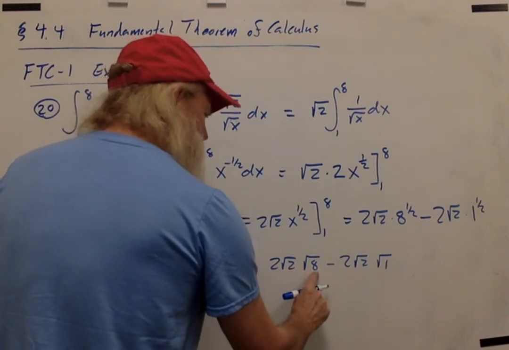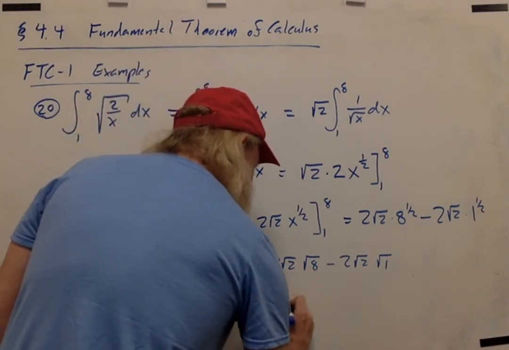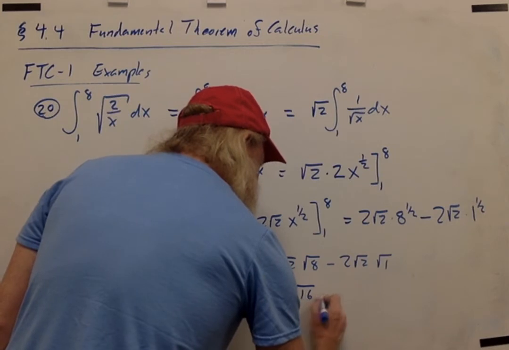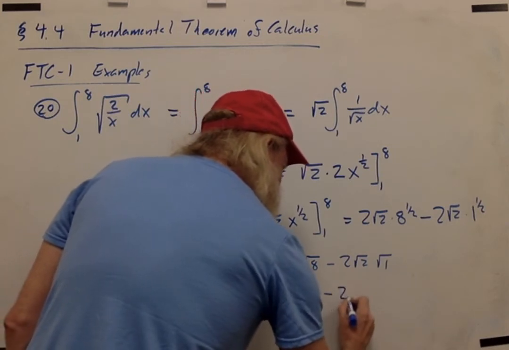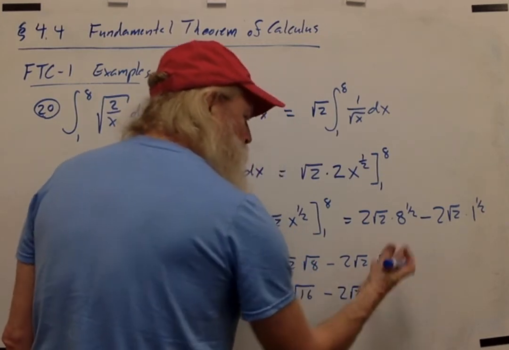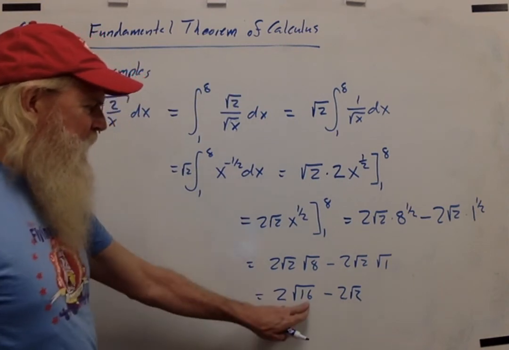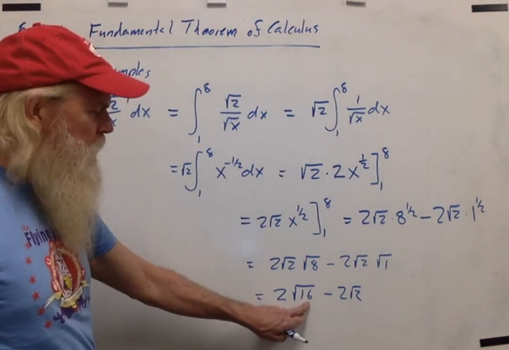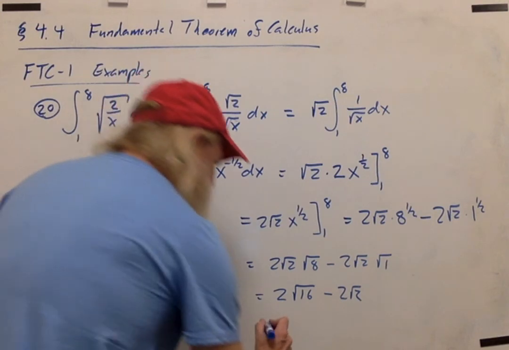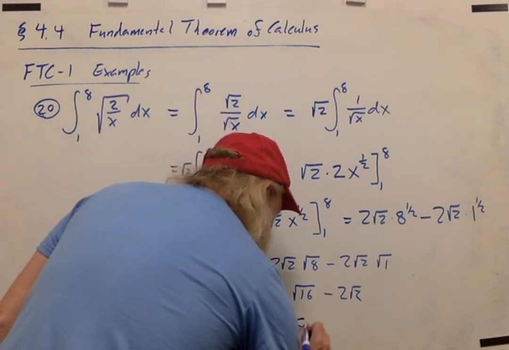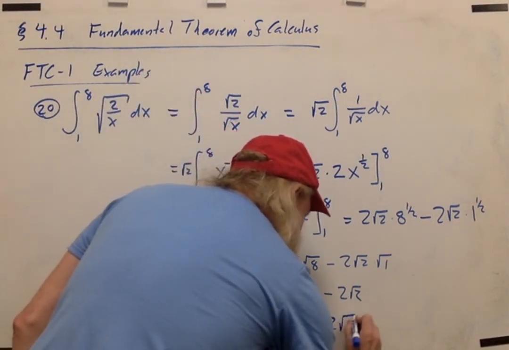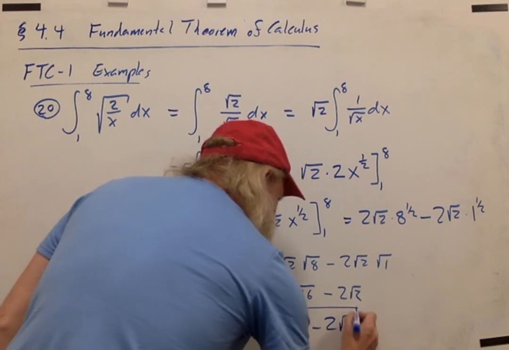The square root of 2 times the square root of 8 is the square root of 16, so twice the square root of 16 minus 2 square root of 2, the square root of 1 is 1. And then the square root of 16 is 4, and 4 times 2 is 8. So I get 8 minus 2 square root of 2.